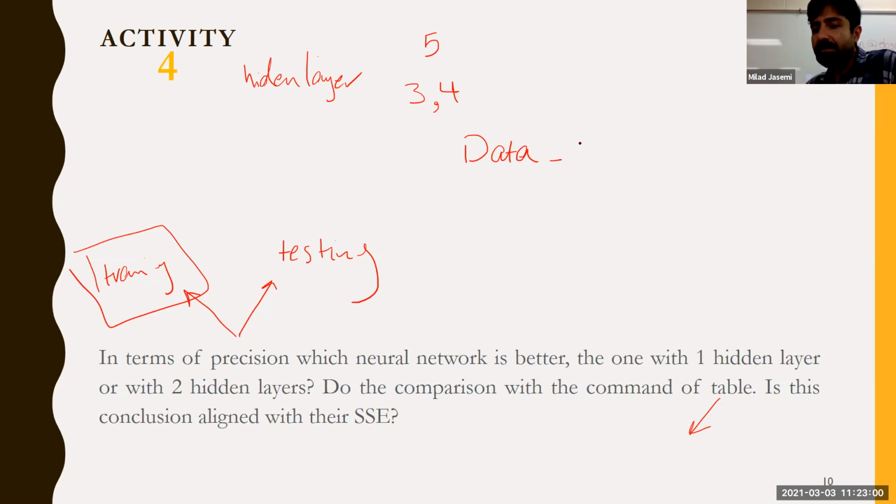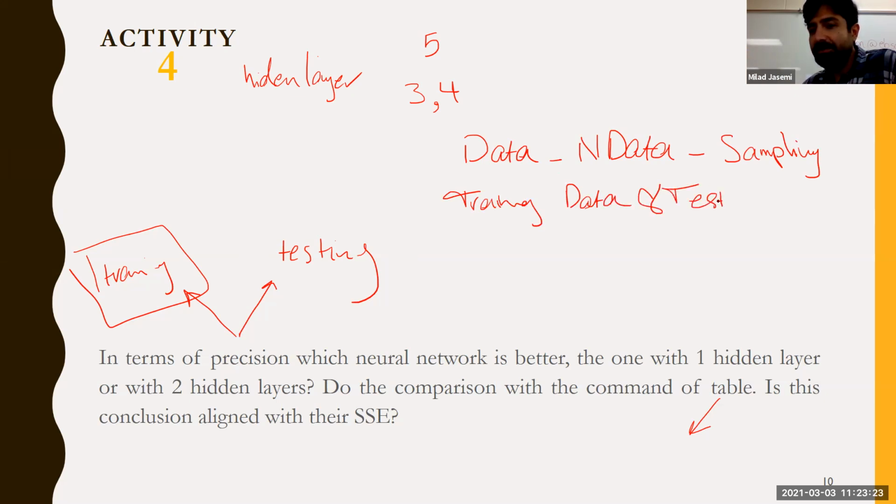After getting the data, get it normalized. After getting the normalized data, do the sampling part. After the sampling, create the training data as well as testing data.